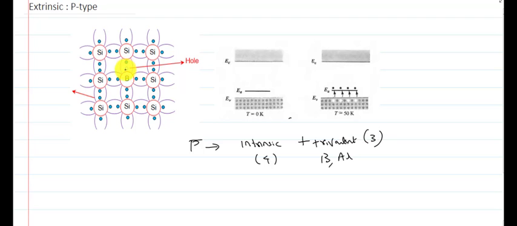So there will be some deficiency. That deficiency is represented as a hole. For an n-type semiconductor we have seen one extra electron. Here this semiconductor has a tendency to accept electrons. So there will always be a deficiency of electrons, and that is known as a hole. So this vacancy is represented by a hole.